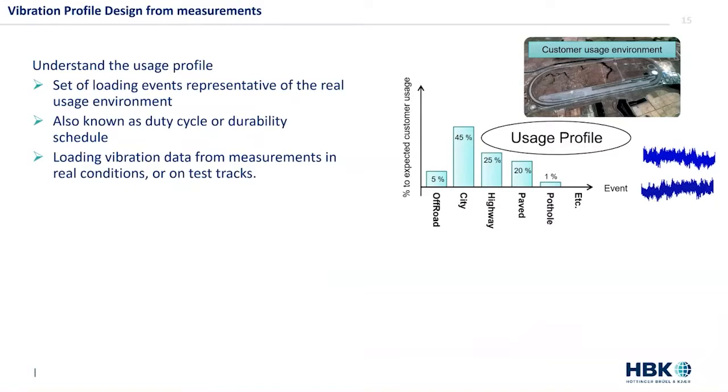You want to know what sort of events you will want to monitor and acquire data from, and what's the contribution of that very event to the whole usage of the car. So you have to list all those events and measure them separately.